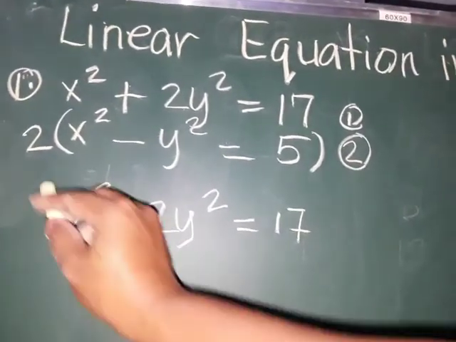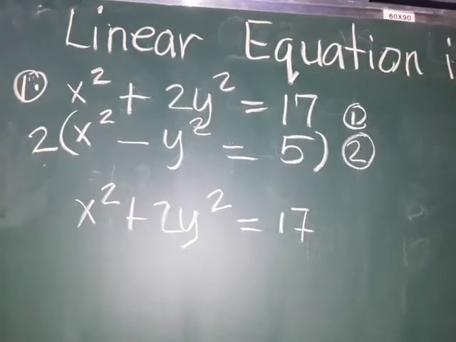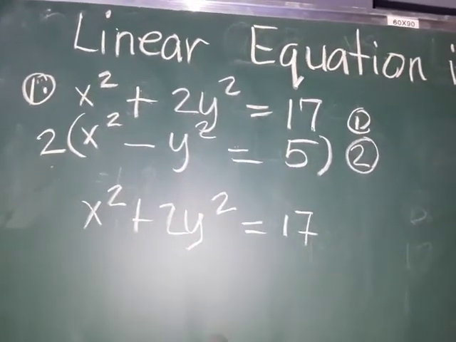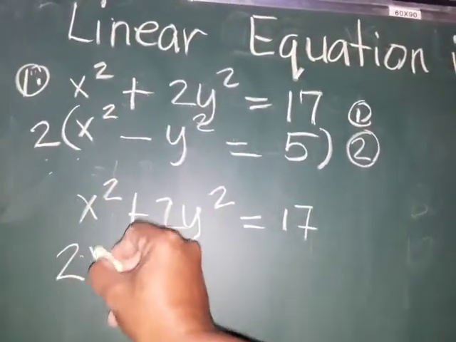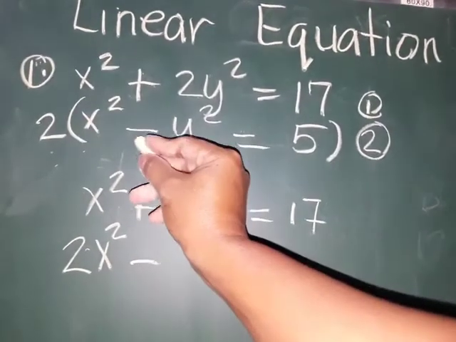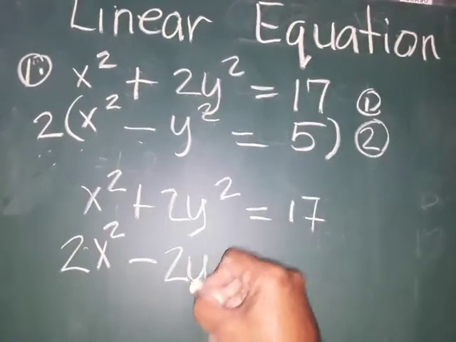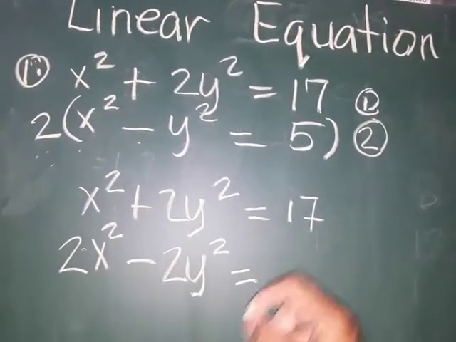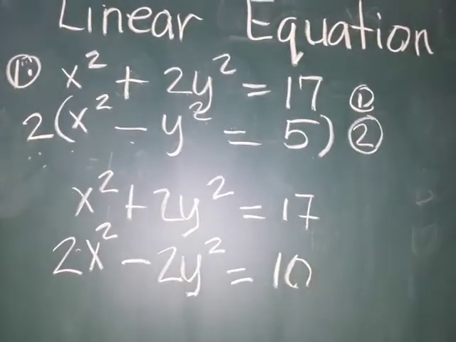Next, multiply 2 in our second equation to eliminate y. So we have 2 times x squared equals 2x squared, minus 2 times y squared is 2y squared, and 2 times 5 is equal to 10.